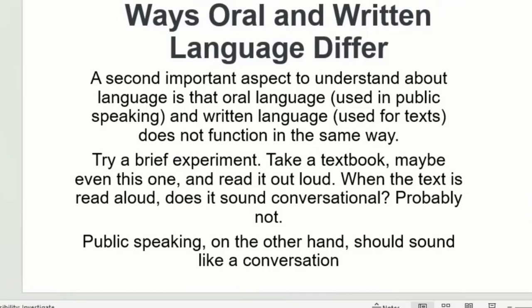I think I explained what public speaking is, and you prepare yourself in such a way that you know that people are going to be reading your paragraph, your sentence, your everything. And written language used in text does not function in the same way. That you should know. And as you write, you take longer than before.